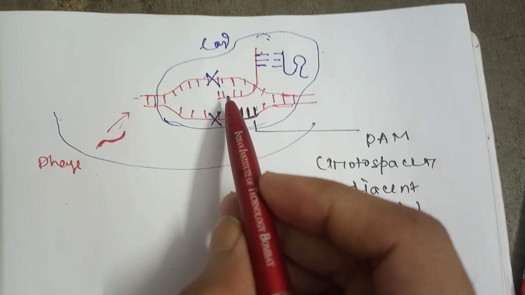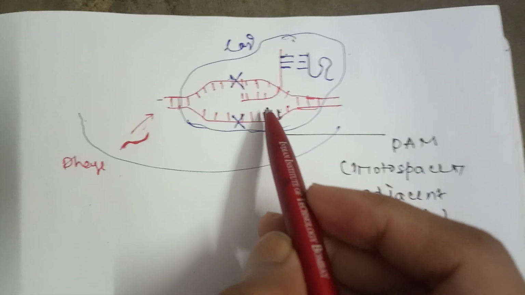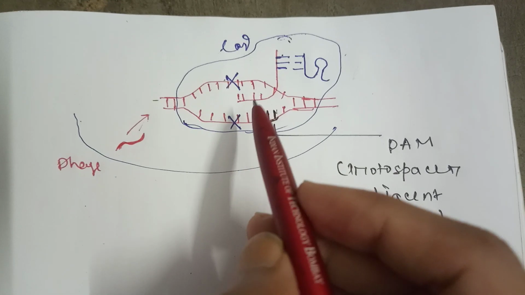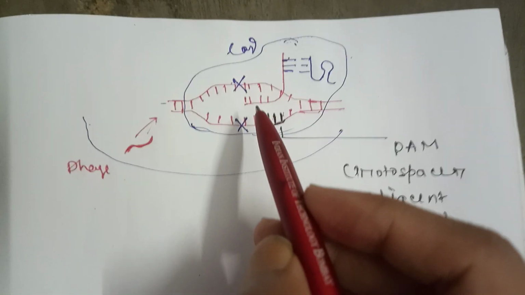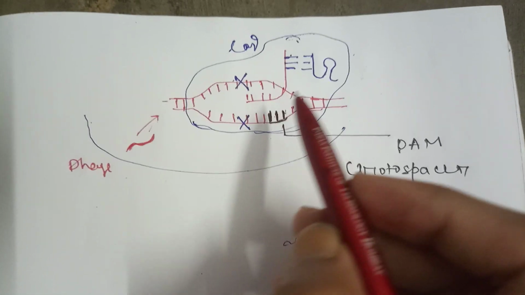Okay, so recognizing its PAM. This is how bacteria protect themselves from viral infection, creating the memory.